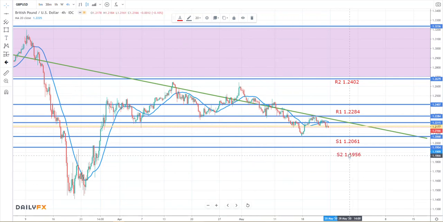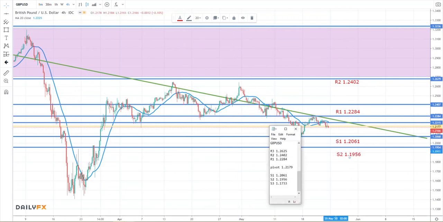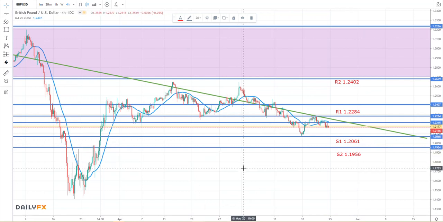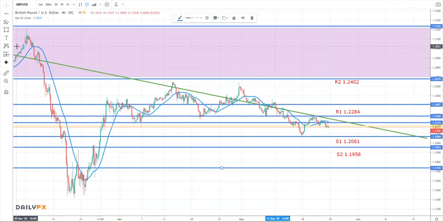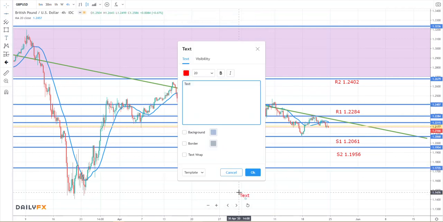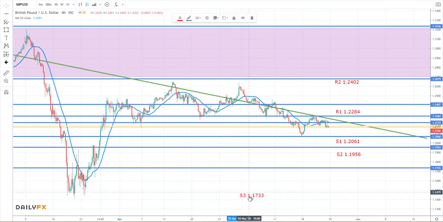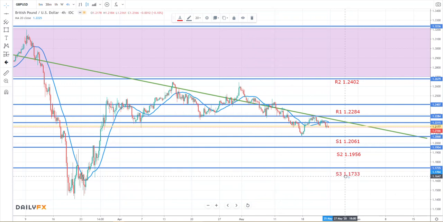There's our S2. If we see S2 pierced, S3, 117.33, you never know. Some weeks with holiday markets, liquidity's thin, and it ends up price really moves and is trucking. So always be vigilant with your open positions. Okay, there we go. S3, 117.33.